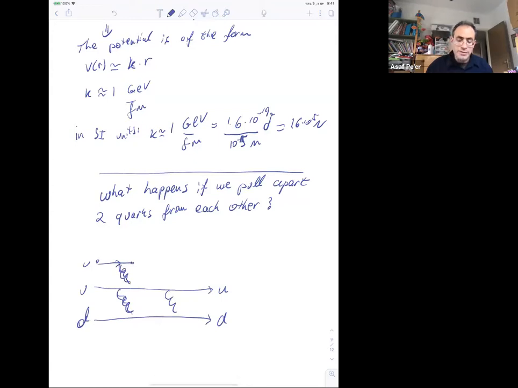So this up quark is being taken away, and it will produce a pair of a down antiquark and a down quark, for example.